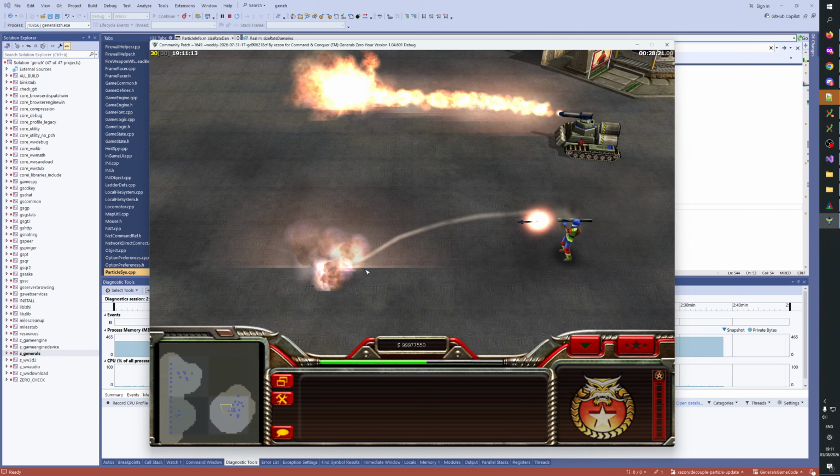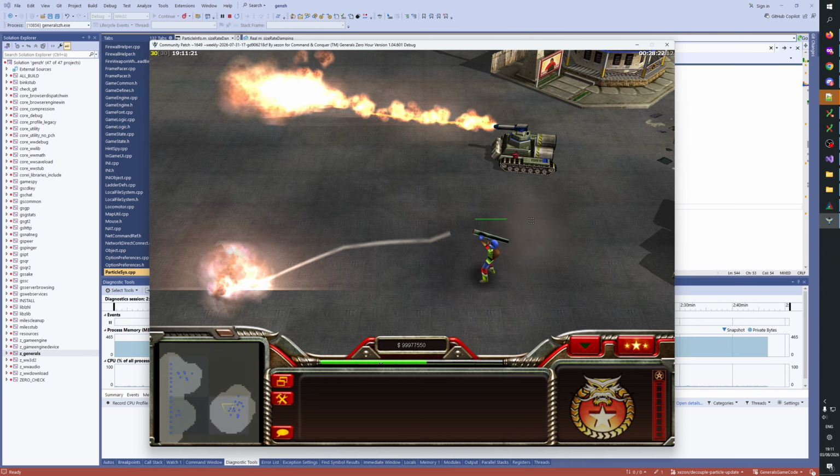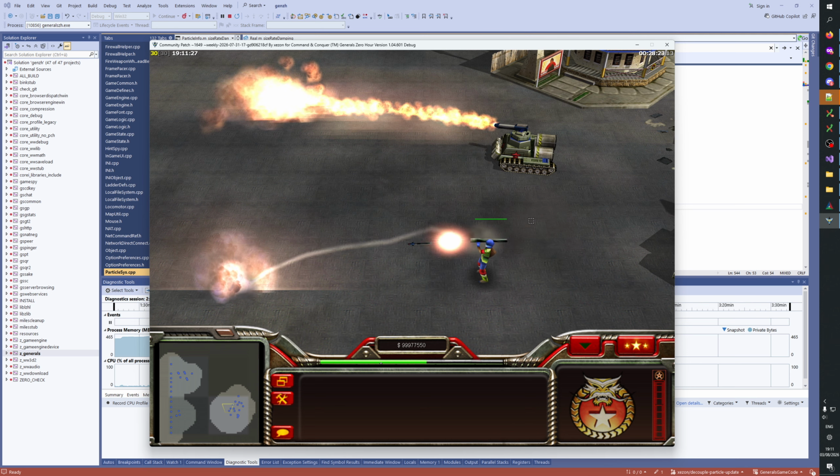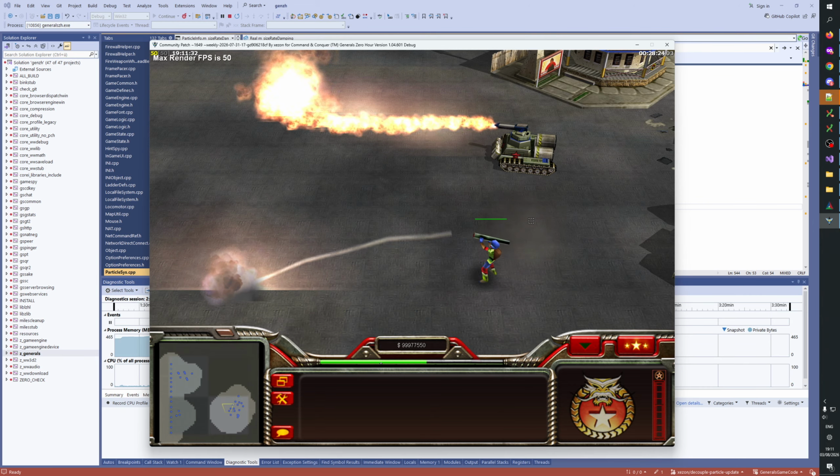The blob, does that have the right size? It looks a bit large. Maybe.